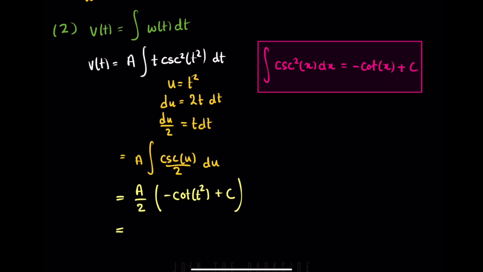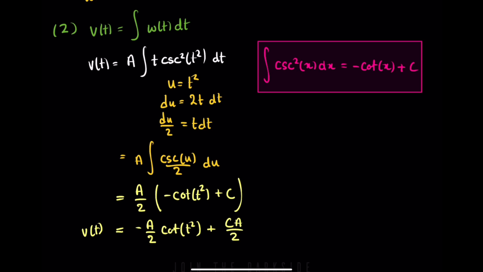And then therefore your v(t) is going to equal negative a over 2 cotangent t squared plus c a over 2.